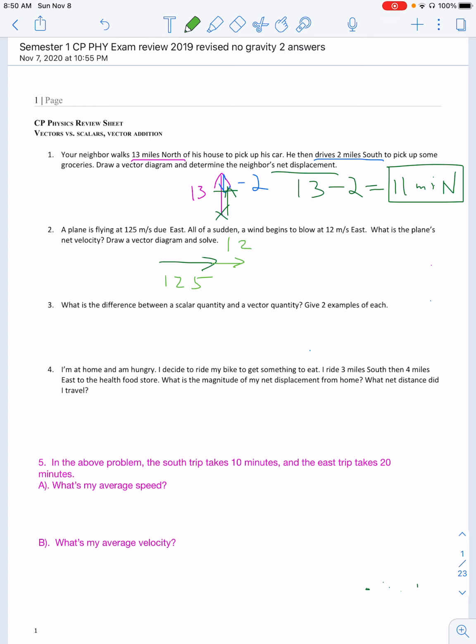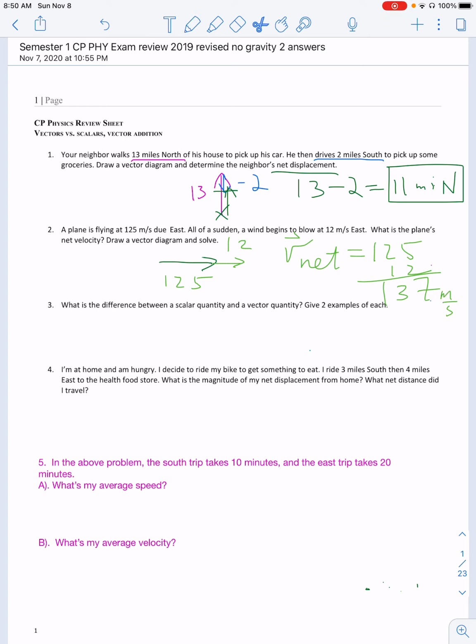Velocity is a vector. Velocity is speed in some direction. So my net velocity would equal 125 plus 12, which is equal to 137 meters per second.